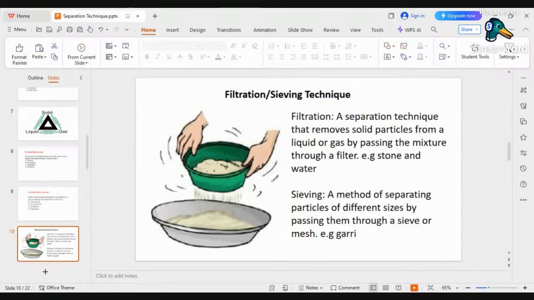So they sieve it, and the bigger ones remain on top while the smaller particles go down. When you separate these particles based on their different sizes, what you are doing is sieving.